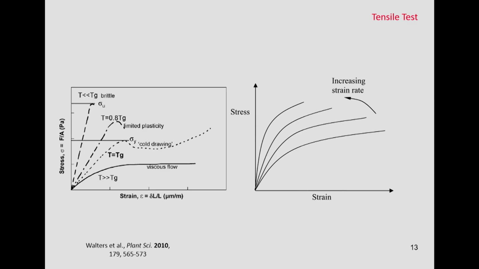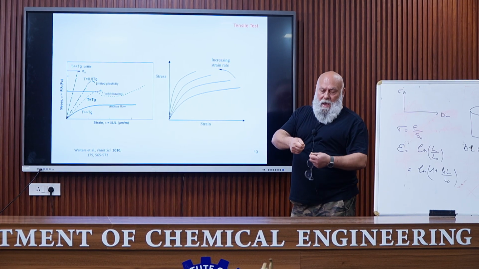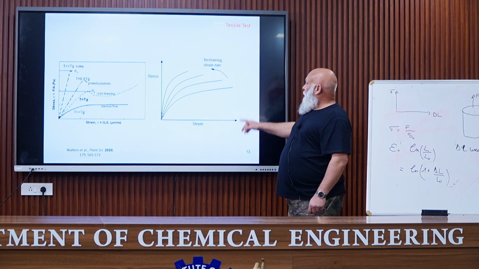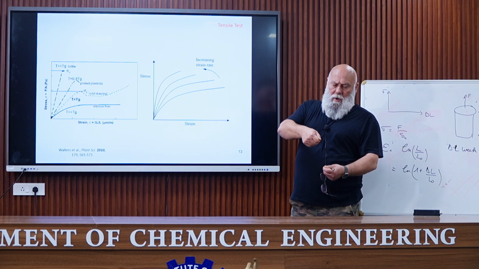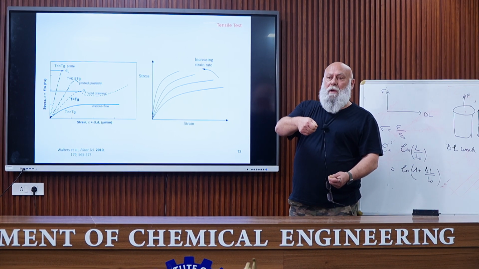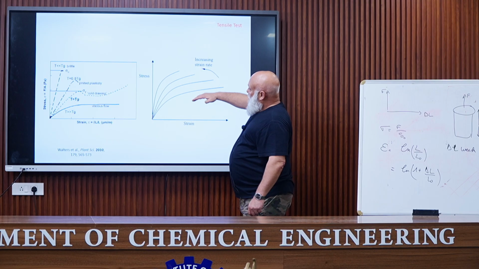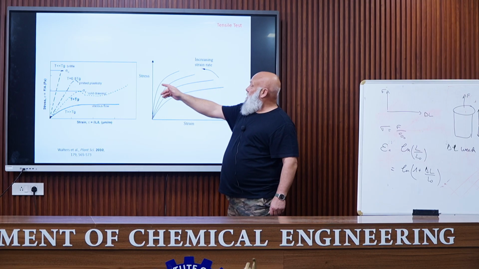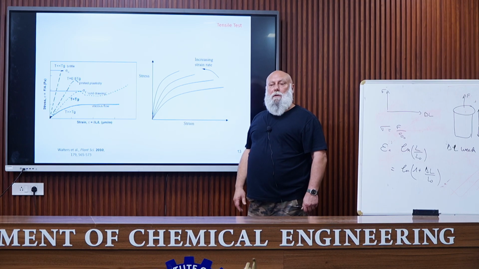Another parameter which is important is the strain rate, or the rate of elongation. If the test is performed with a slow elongation rate, usually the modulus is lower and the elongation at break is higher. But when the test is performed with a high elongation rate, the modulus is higher and the strain at break is lower, or the material is more brittle.